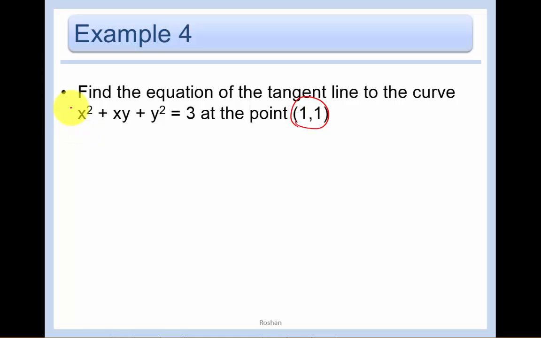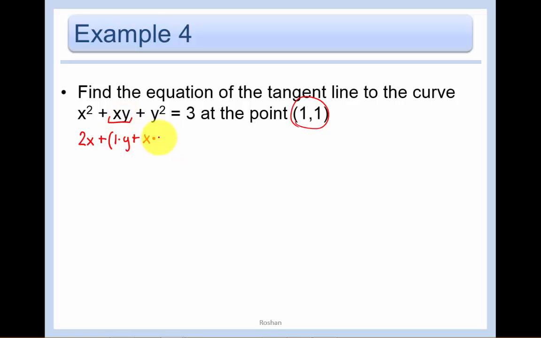So the derivative of x squared is 2x plus, how do we find the derivative of xy? Well, that is x times y, so we need a product rule. Don't forget that. The derivative of xy is the derivative of the first times the second plus the first times the derivative of the second.